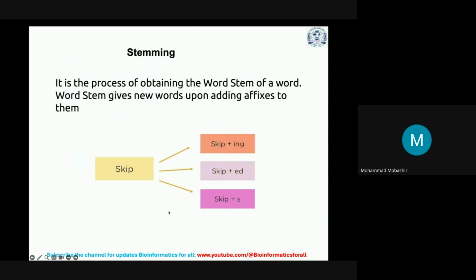Now, what is stemming? It is the process of obtaining the word stem of a word. A word stem gives new words upon adding affixes to it. For example, you have three words: skipping, skipped, and skips. When you are stemming, you will get only one word for these three, and that word is skip.